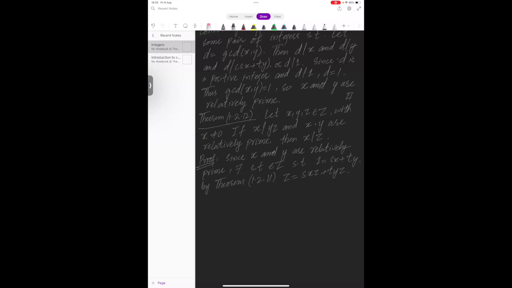We just multiply z with both sides of this equation. Now x divides x, and by hypothesis, x divides yz. Thus x divides sxz plus tyz, and so x divides z.